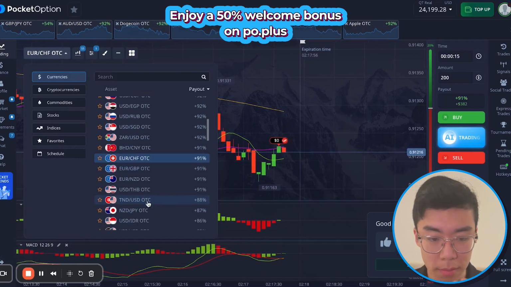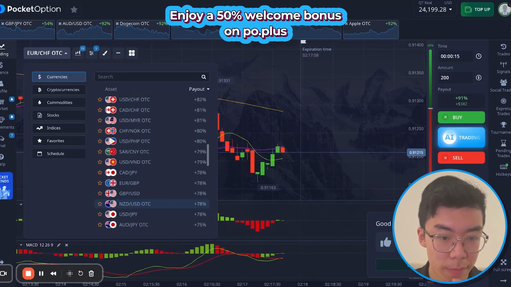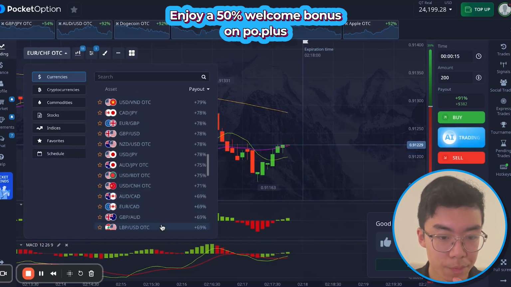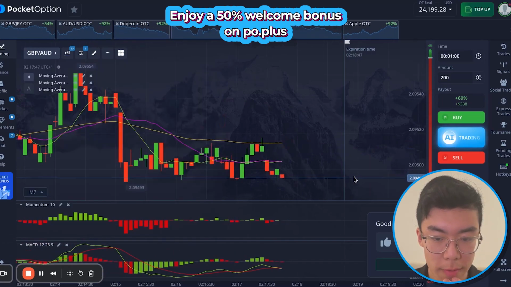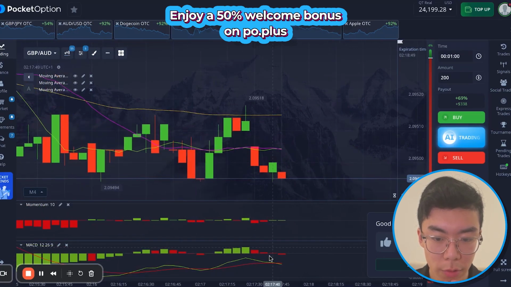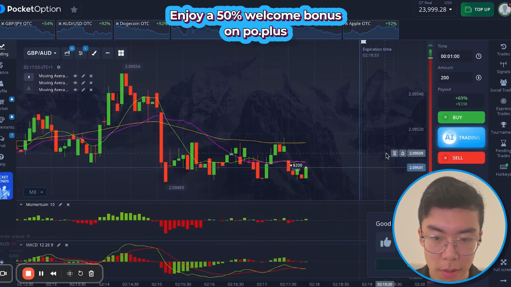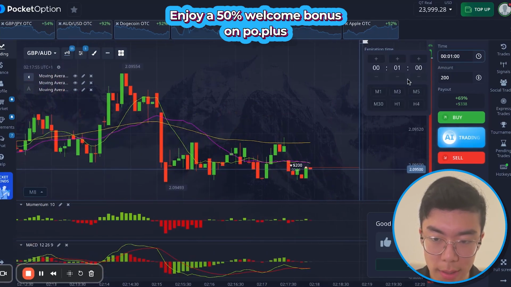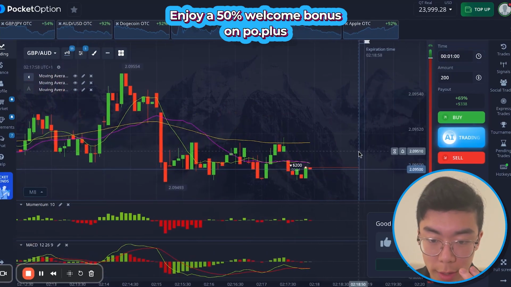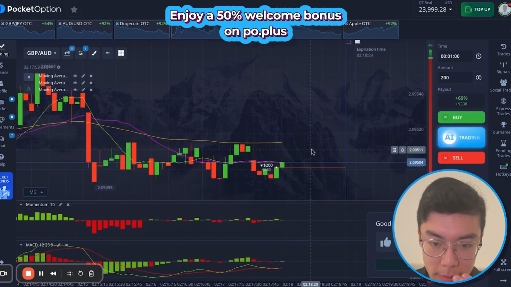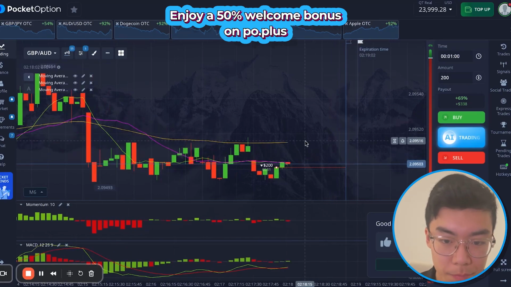So that didn't win, obviously. So let's go to another one. Go to this one right here. So doing a crossover downwards, I think. Do this one right here. So this is again a minute trade. This is the shortest trade for this asset. Let's see how this pans out.